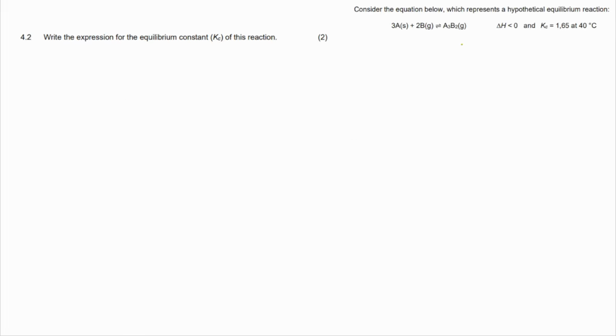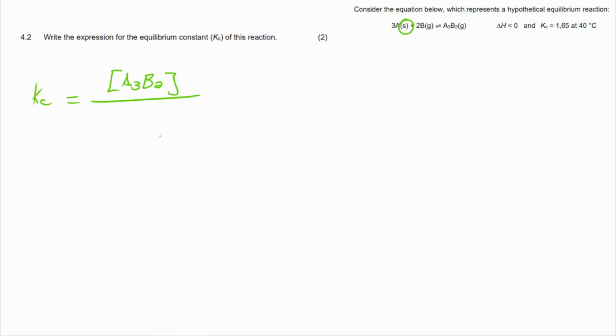Now they give us the reaction again and they say write the expression for the equilibrium constant for this reaction. What we have to remember, very importantly, is that solids are not included in our equilibrium constant expression. Remember we have the concentration of the products, with its balancing number, so it's just the one in front there, so I'm not going to include it.